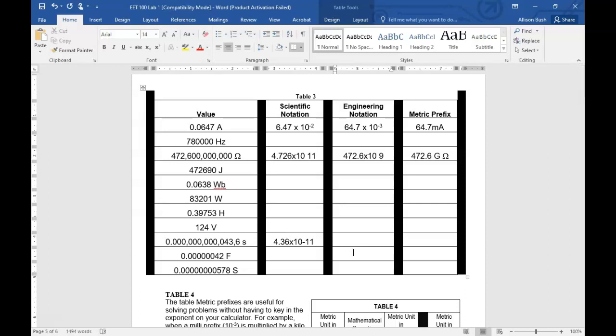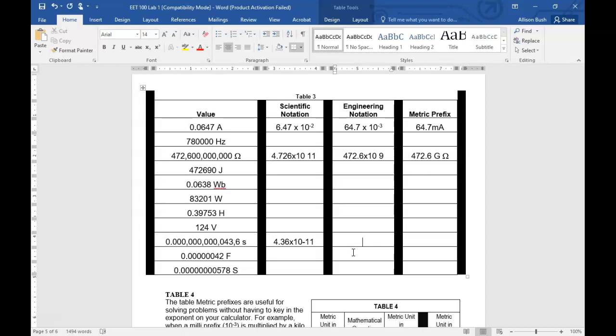Because what I'm looking for, once again, is do I have one number in front of my decimal? So once I get here, I know I'm getting close, so I slow down and go, okay, 3, 6, 9, 10, 11. Okay? But now I need to go into engineering notation, which means what?